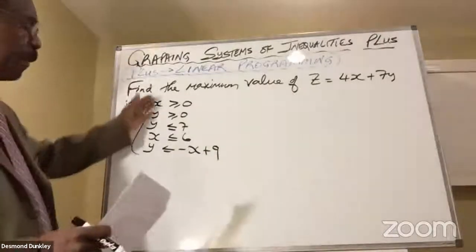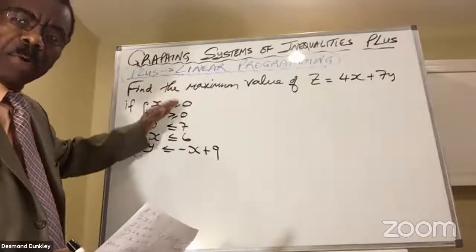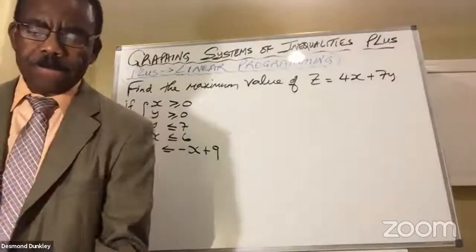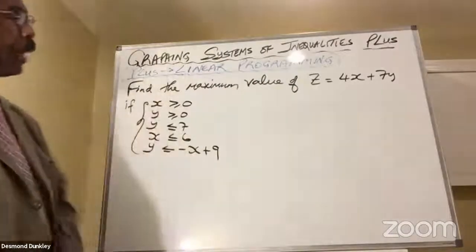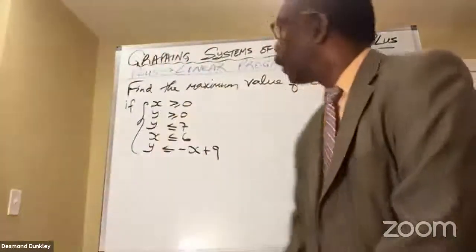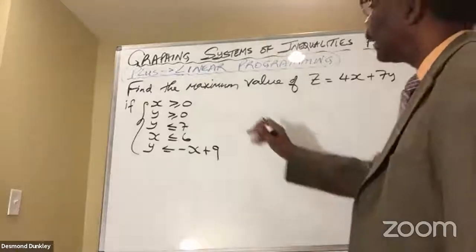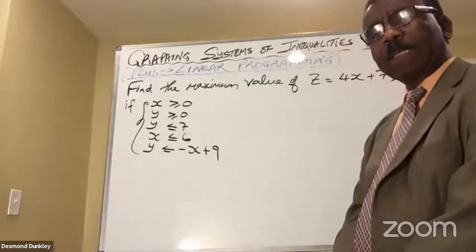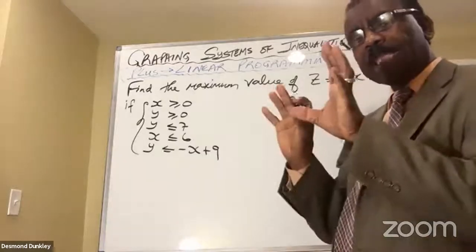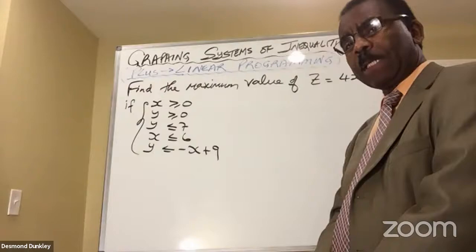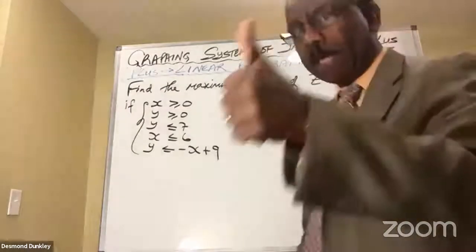So here are the parameters, here are the boundaries, and you want the maximum for that. Okay, so how do we approach this? Well, the first thing we do is we find the common area for all 5 inequalities. What area satisfies all 5 sets of inequalities? So that's step 1.